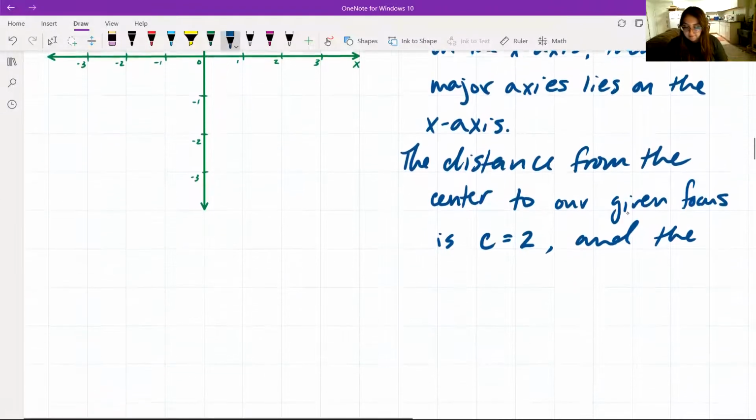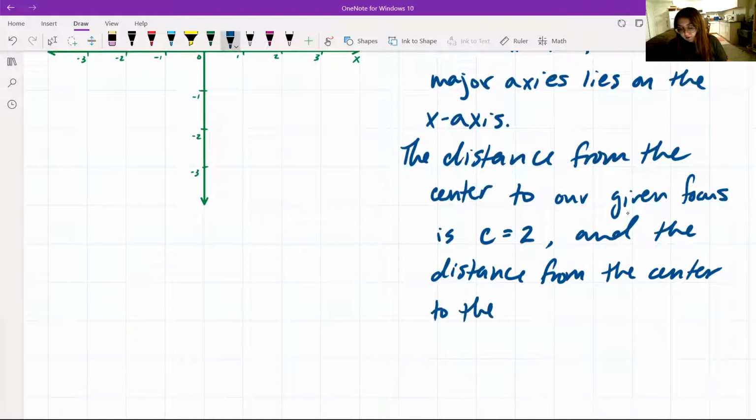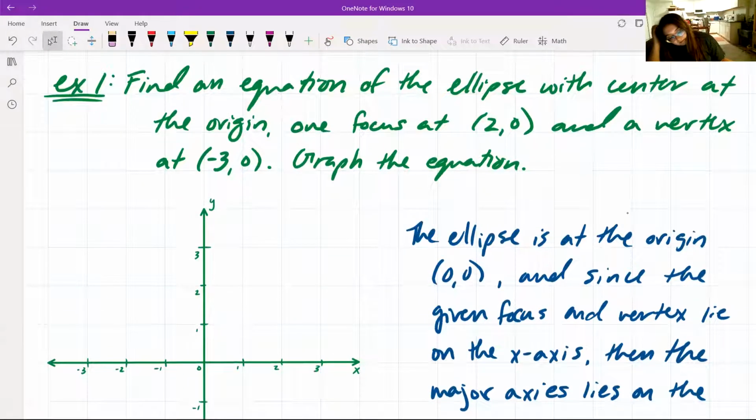And the distance from the center to the given vertex is a equal to 3, since we have one vertex at -3, 0.